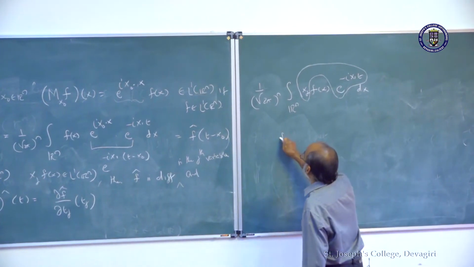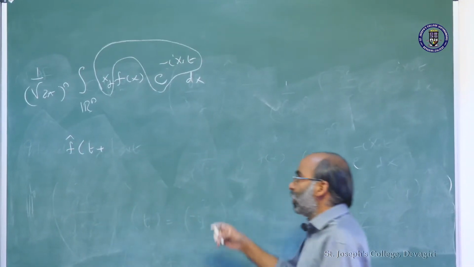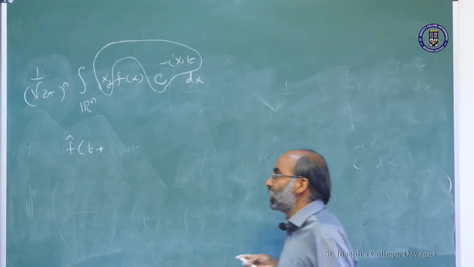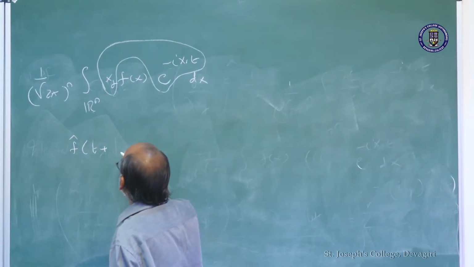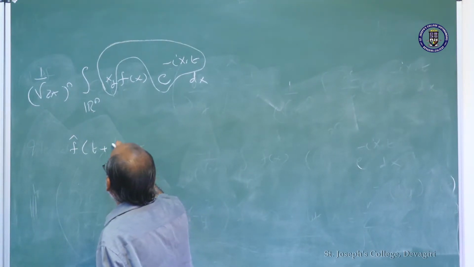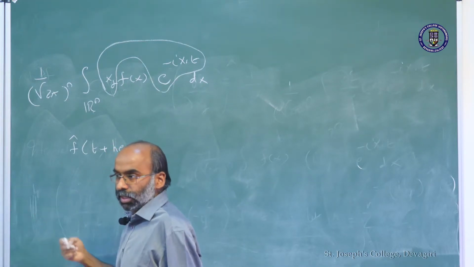So, you look at f hat of t plus h minus f hat of t divided by h, but only in the jth direction. So, let us write it as h times Ej, where Ej is 0, 0, and so on, 1, 0, 0; this is the jth coordinate. That is a partial derivative.